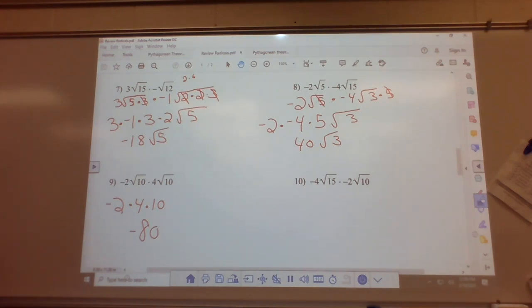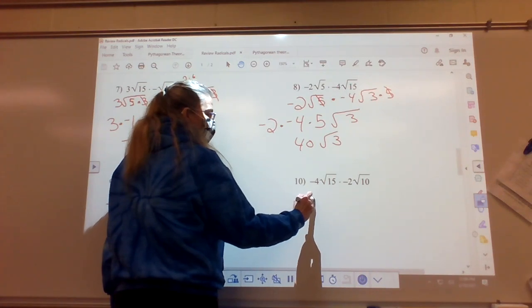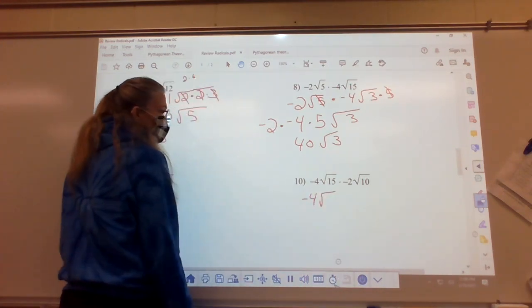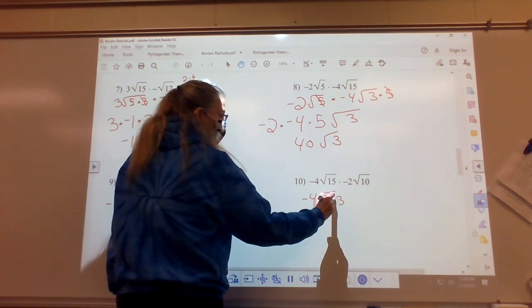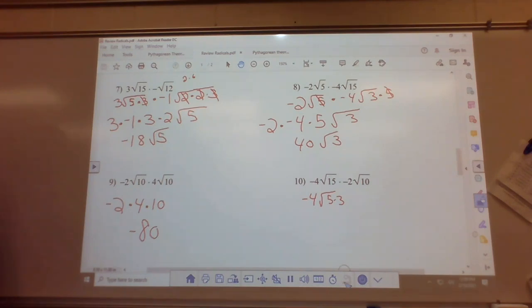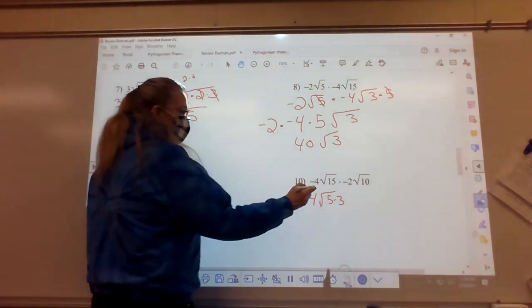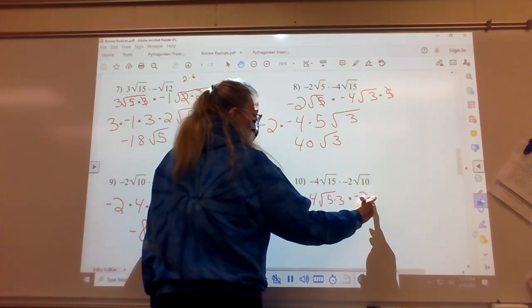And the last one on this side. Negative 4. We've had lots of 15s, 5 and 3. I tried to keep everything relatively small so we end up with a lot of numbers that were duplicated, but that's not a big deal. Times negative 2 is going to hang out.